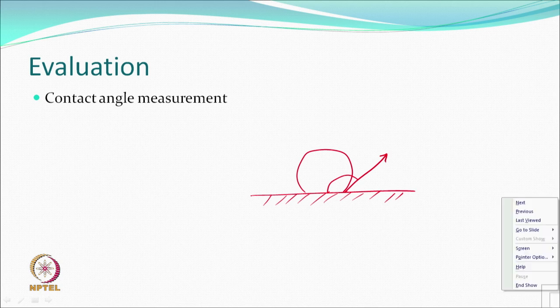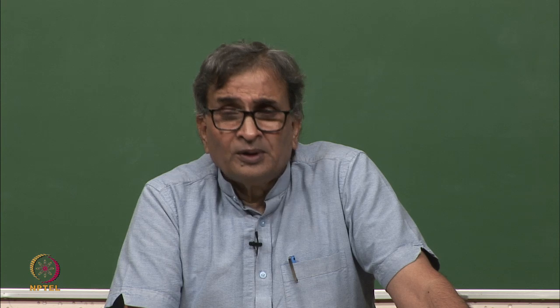If you can measure the contact angle, then you will know whether it is more repellent or less repellent, whether it is positive wetting or negative wetting. There are equipments which can measure contact angle of a drop which is in equilibrium with a textile surface or any other surface for that matter. That is one way through which you can understand whether your treatment has been effective or how much effective.